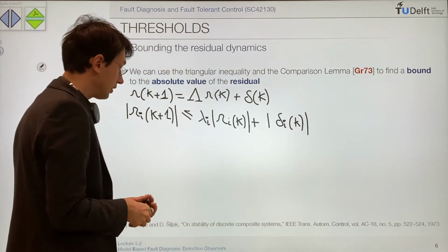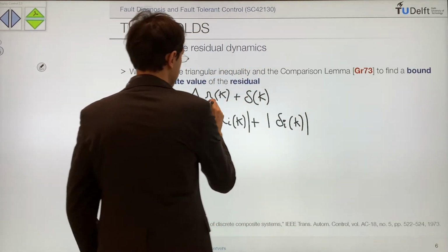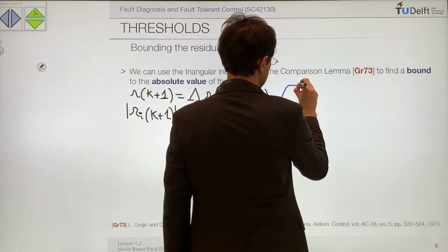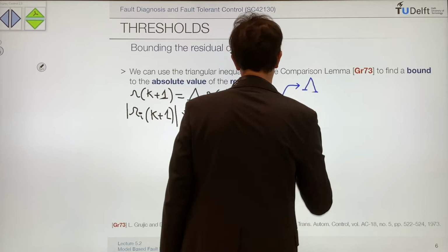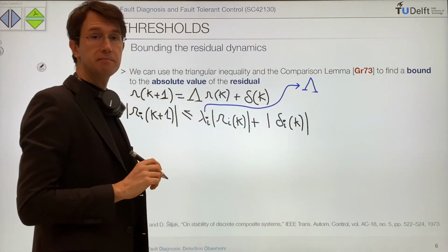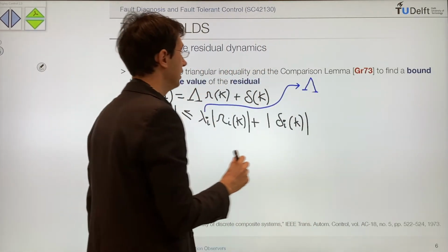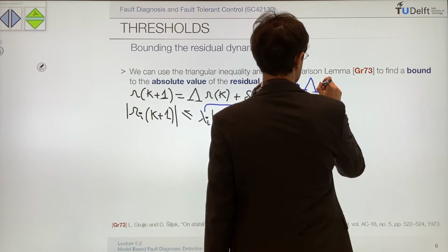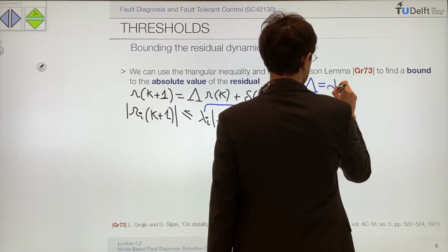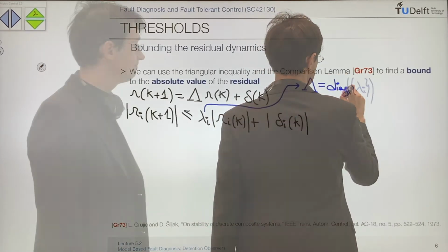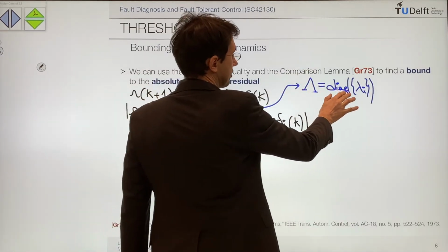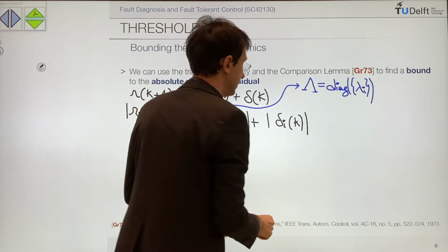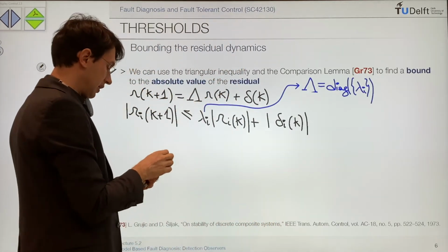So what we have written here is assuming that lambda is equal to a diagonal matrix. So lambda is a diagonal matrix with the individual lambda I eigenvalues on that.